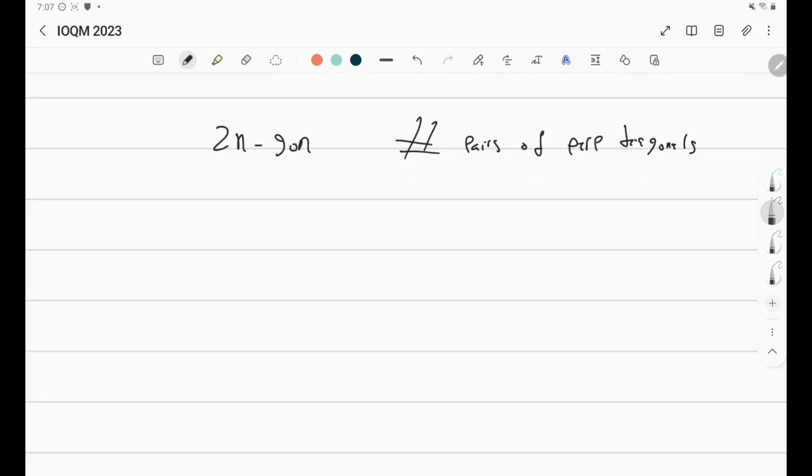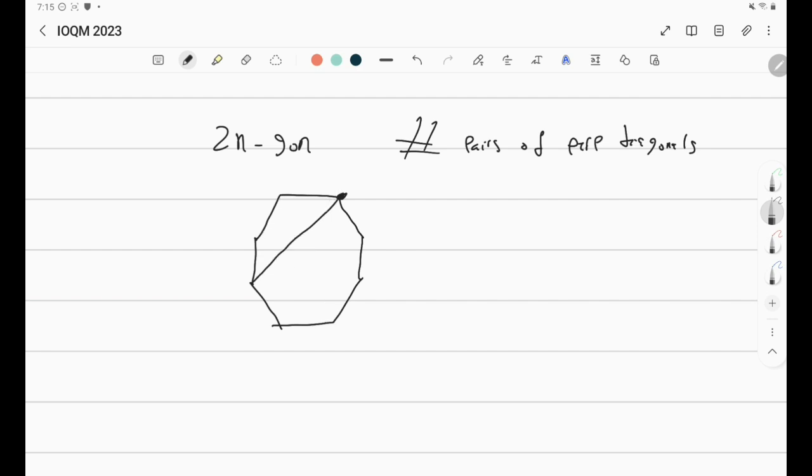Okay, how exactly are we going to think about this? Now if you just draw a 2n-gon and try to think about it, let's say something like this. Let's fix this point, and if you draw this, then you already have a single diagonal.